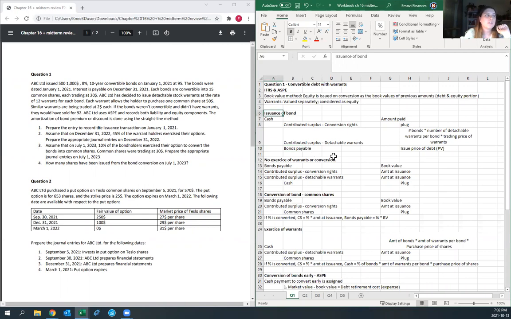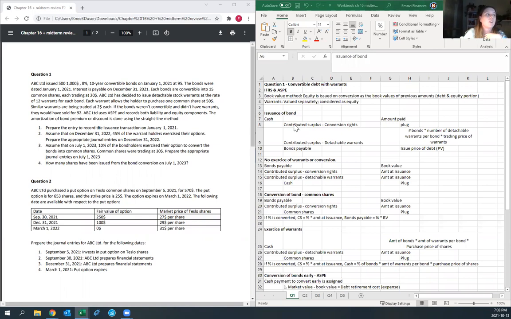So for the issuance of the bond, on the first day when the issuance is made, you're going to have a debit to your cash. So anything that the debtor paid you for the bond, the cash you received.